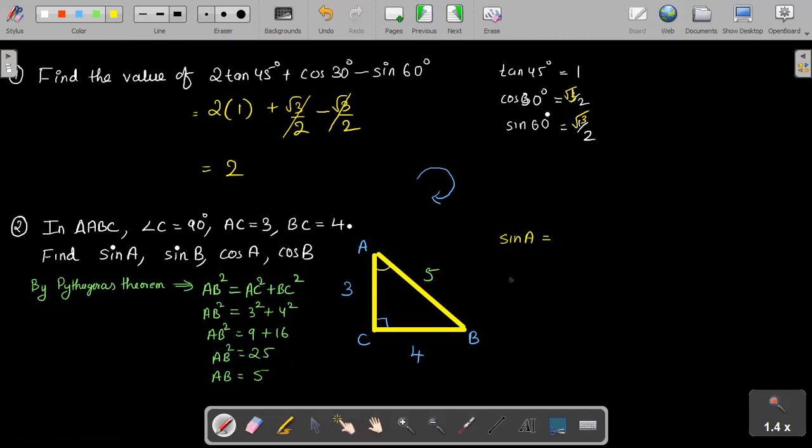Accordingly you have to write sine B. Sine A is 4 divided by 5.